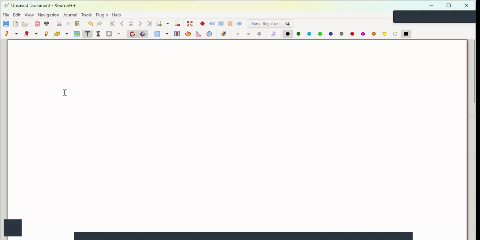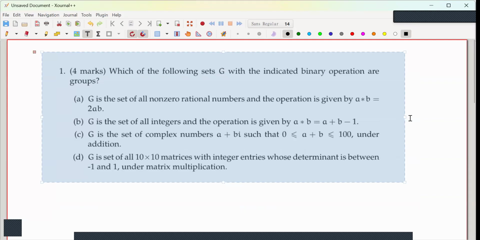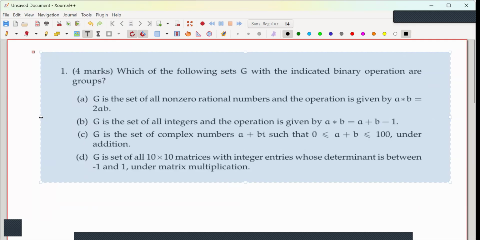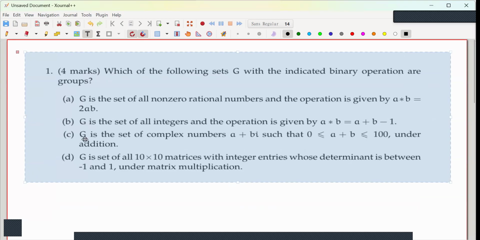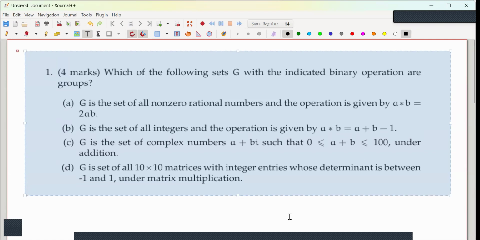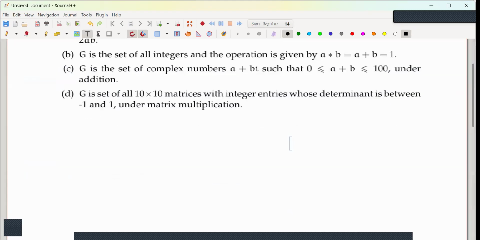Let me just share then the first problem of assignment 1. If you know the solution, then you can also help me in discussing the solution. We will build upon your inputs. So here is the first problem, which asks which of the following sets G with the indicated binary operations are groups.